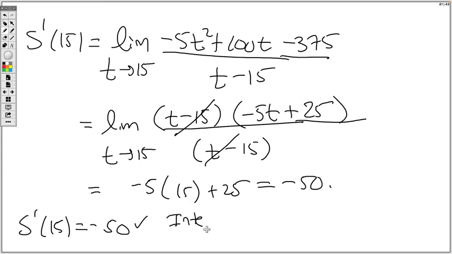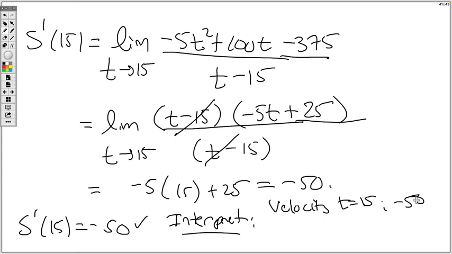Now for the interpretation, you need to tell me what that means in terms of this rocket. So the derivative of position is your velocity. Right? So it says that the velocity when t equals 15 is negative 50.